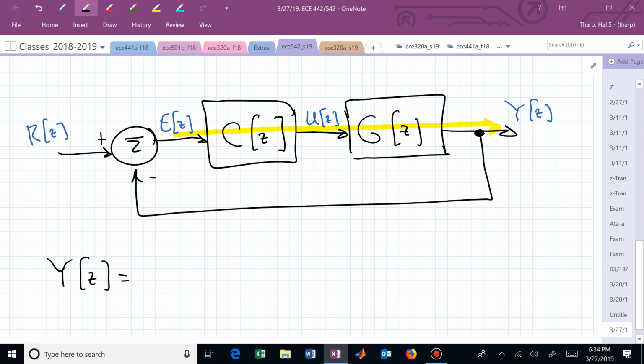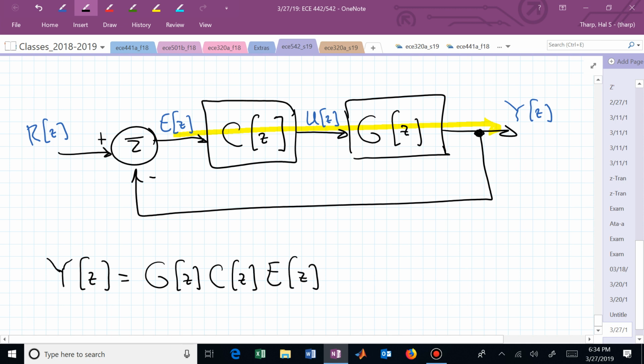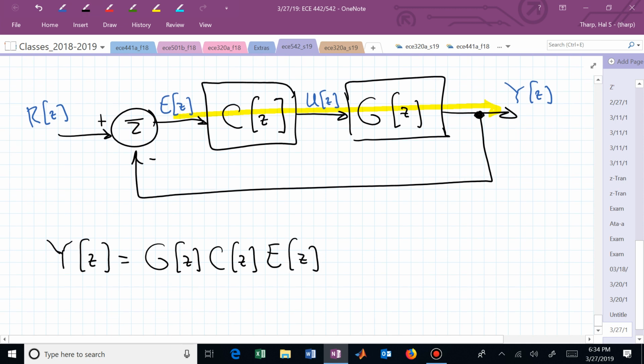So now we see that Y of z is actually G of z times C of z, those are all transfer functions, times a signal, E of z. Just block diagram algebra.